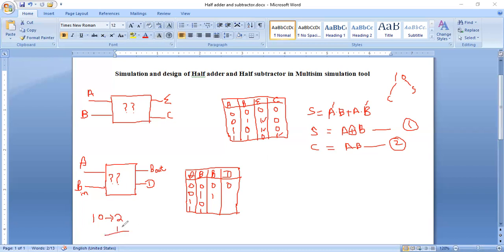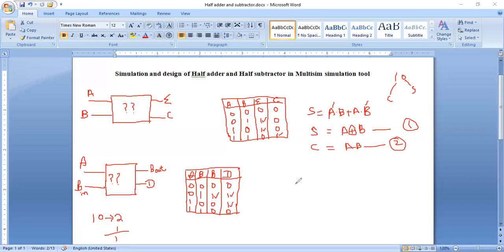Now 2 minus 1, we will get 1. So I'm going to write down 1 here. And next 1 minus 0, we couldn't have any kind of borrow. So the borrow will be 0, and the difference will be 1. And in the last case 1 minus 1, we have 0 and 0. Now you can see that in the borrow column we have 1, and in the difference column we have 2 outputs.